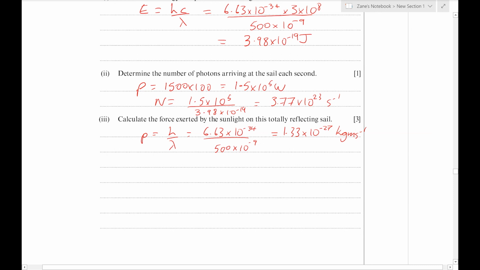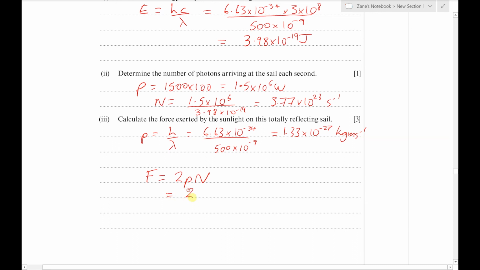Since each photon is reflected, its total change of momentum is going to be twice that value we've just calculated, and the total momentum change per second, in other words the force, is going to be 2 times that change of momentum multiplied by the number of photons that hit that surface per second.